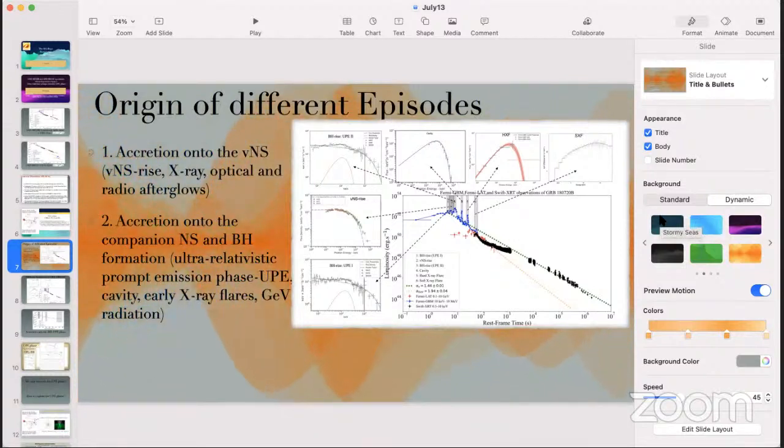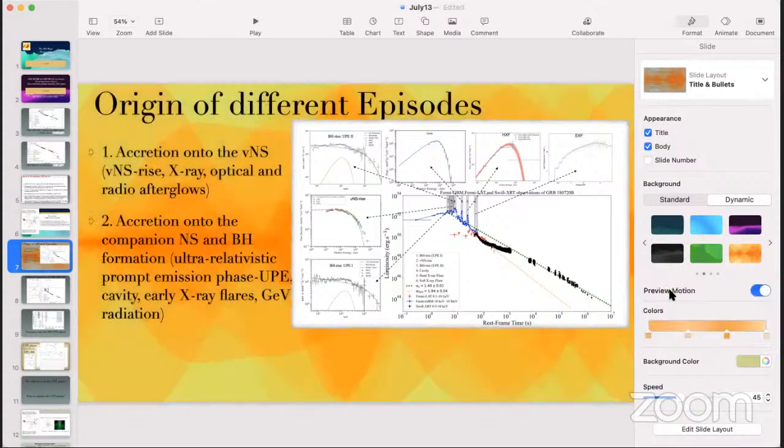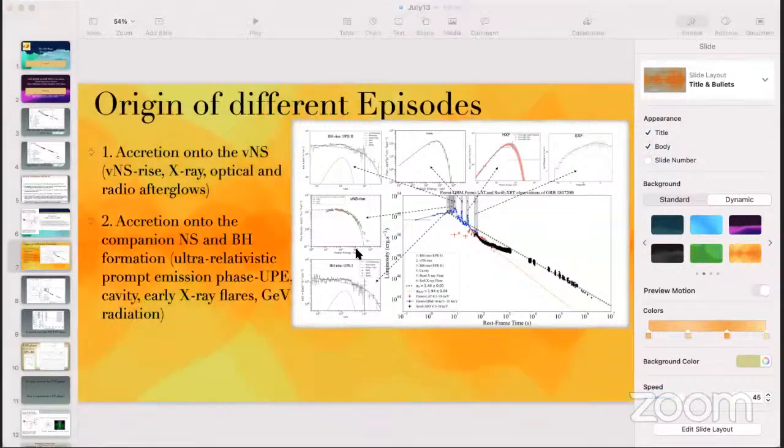The accretion of the supernova into the new neutron star creates the black hole and generates that energy, and the accretion of the supernova ejecta on the new neutron star gives us the X-ray afterglow. Now, if you sum this energy, which is due to the single standard supernova, you end up with 10 to the 54.